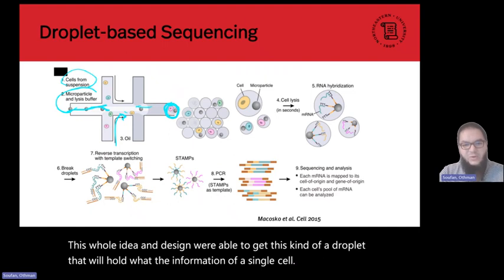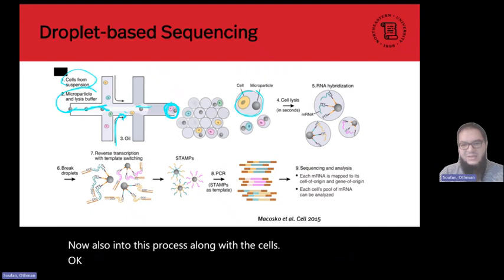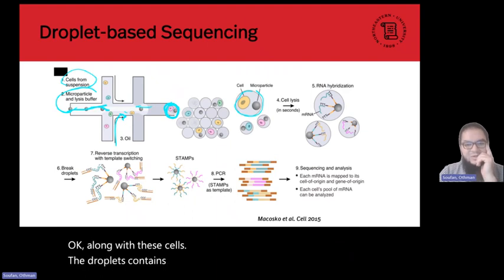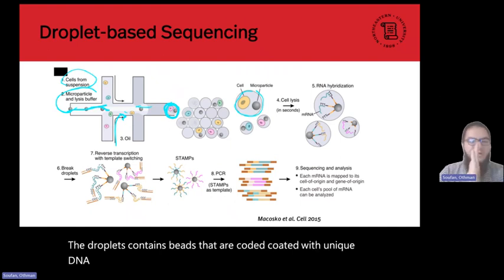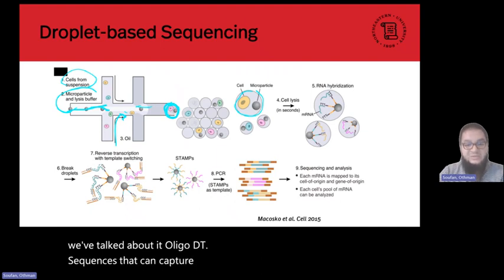Now, also into this process, along with the cells, the droplets contain beads that are coated with unique DNA barcodes. You may refer to the first modules, where we talked about oligo dT sequences that can capture mRNA from the cells.